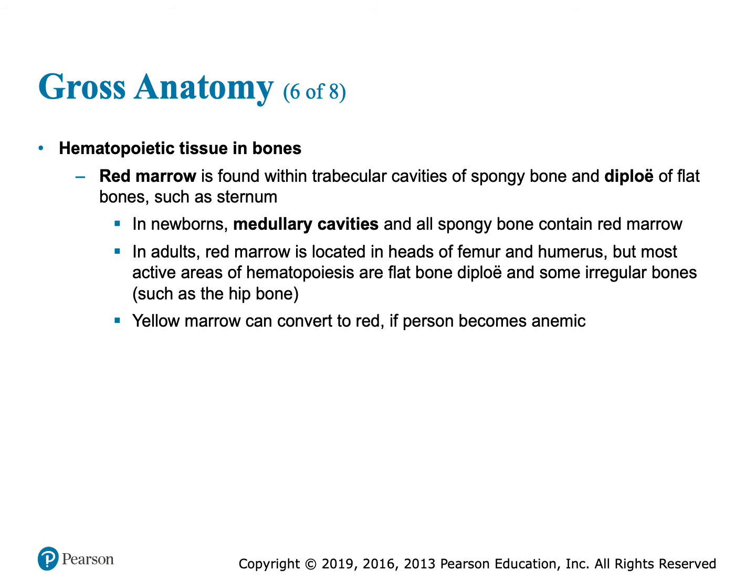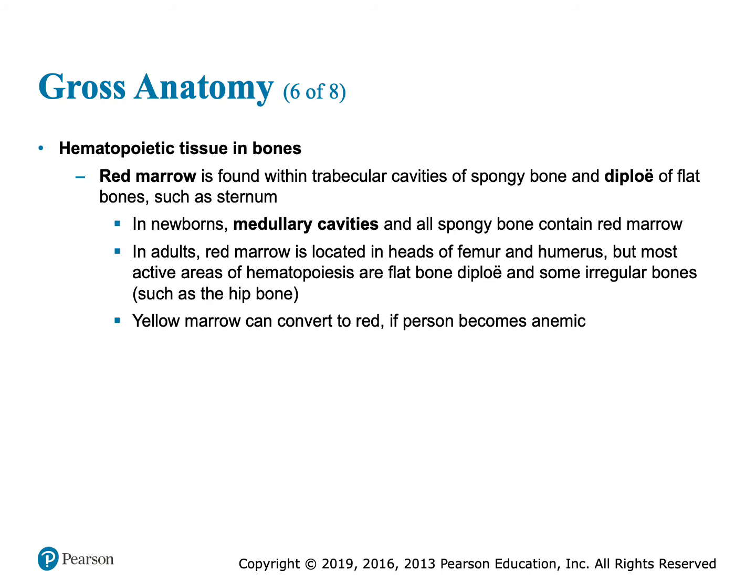But in long bones, we're going to hollow out that center so we can have some yellow marrow. We are going to keep some areas of red marrow in the long bones. So the heads of the femur and the humerus, those are going to stay. And then, of course, flat bones and irregular bones are going to keep areas of spongy bone, which is going to be red marrow as well.